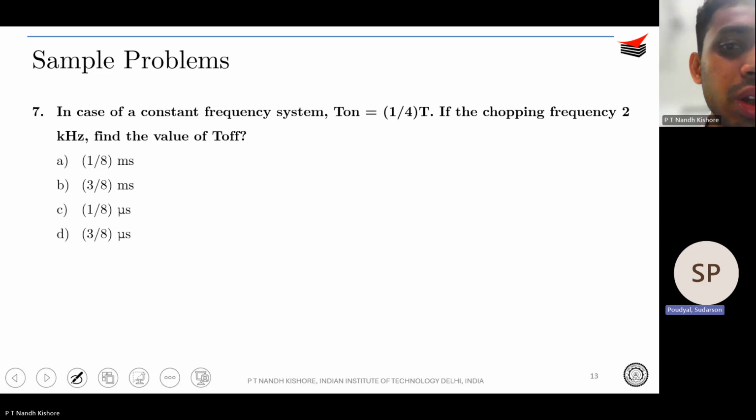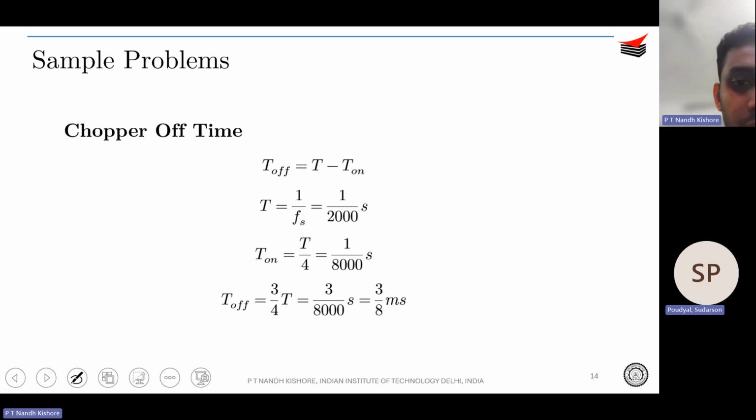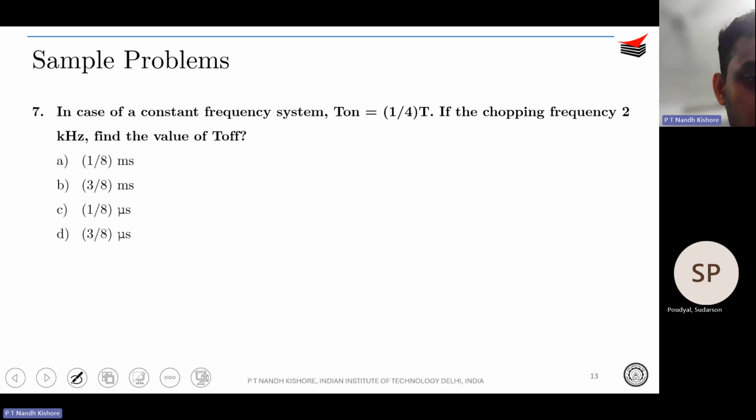Correct. So since you have your information about T and your T on is also available, you can also find T off, right? T off is going to be T minus T on. Correct? Yeah. So you just plug in the values over here. T is 1 by Fs and T on is 1/4 of that. So you can find out that it's 3 by 8 milliseconds. Okay, so the option is B, 3 by 8 millisecond.